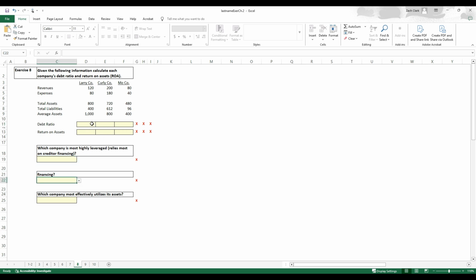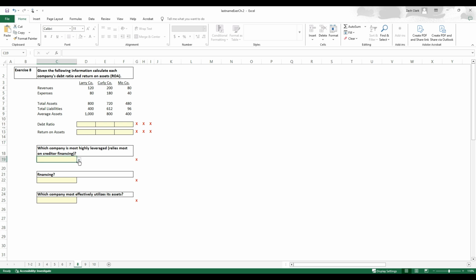I think this one is relatively easy. All you're going to have to do here is use your Excel formulas to do the calculations for the debt ratio and your return on assets. Average assets is given to you in this instance, so you've got averages there already.